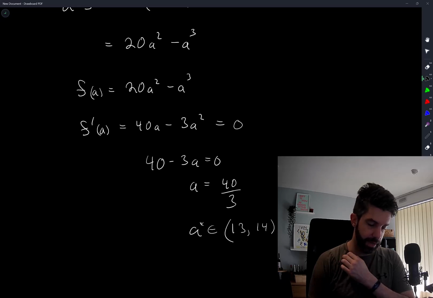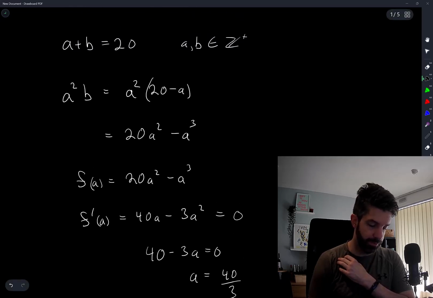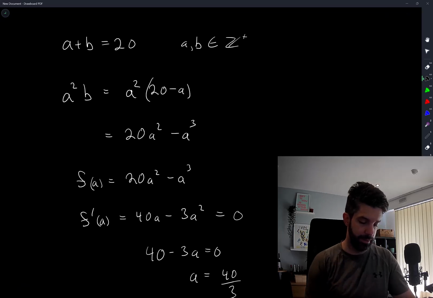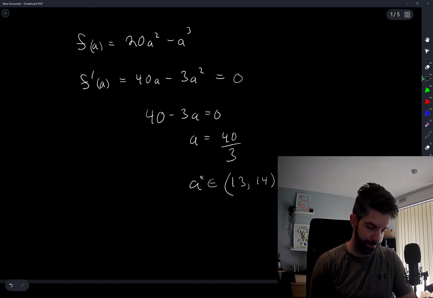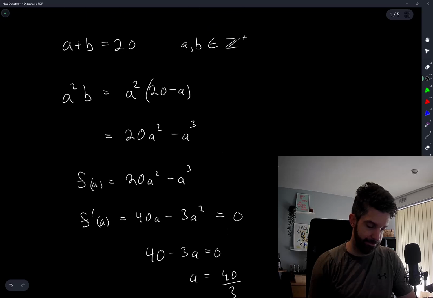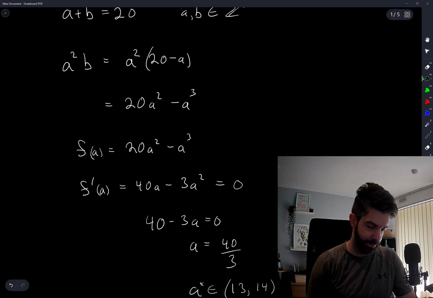So I might just evaluate this function at both 13 and 14. Is that going to be too much mental effort? Okay, well, let's go back to the original expression, a squared times 20 minus a.